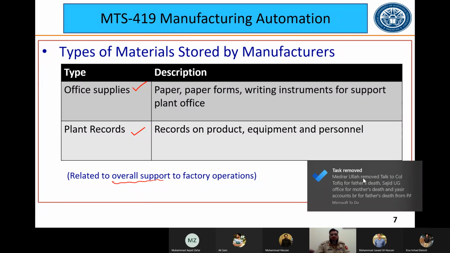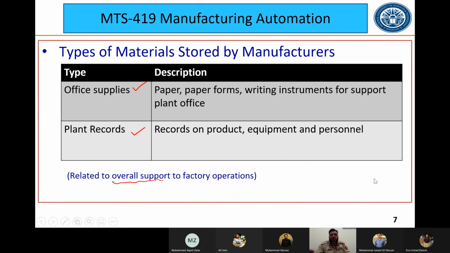All right. The office supplies: the types of materials which are stored by a manufacturer can be related to overall support. These are related to the overall support of the factory operations, which include office supplies, something like paper, some forms, some writing instruments, things like this.